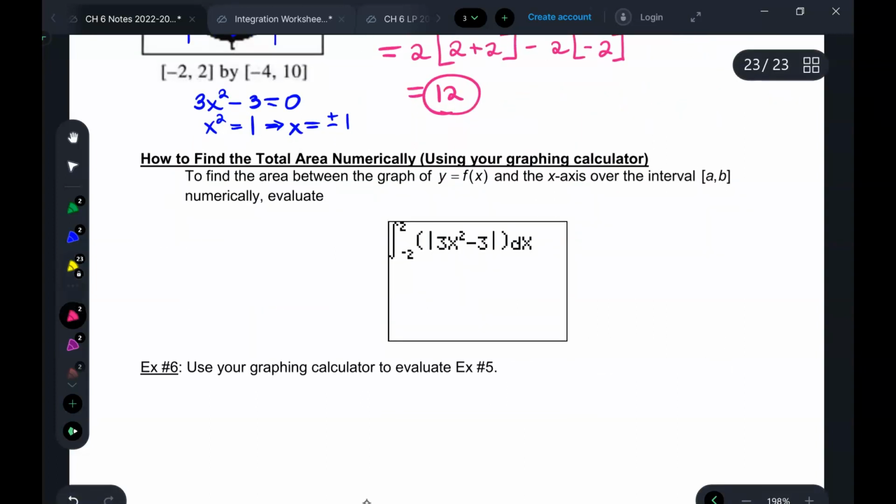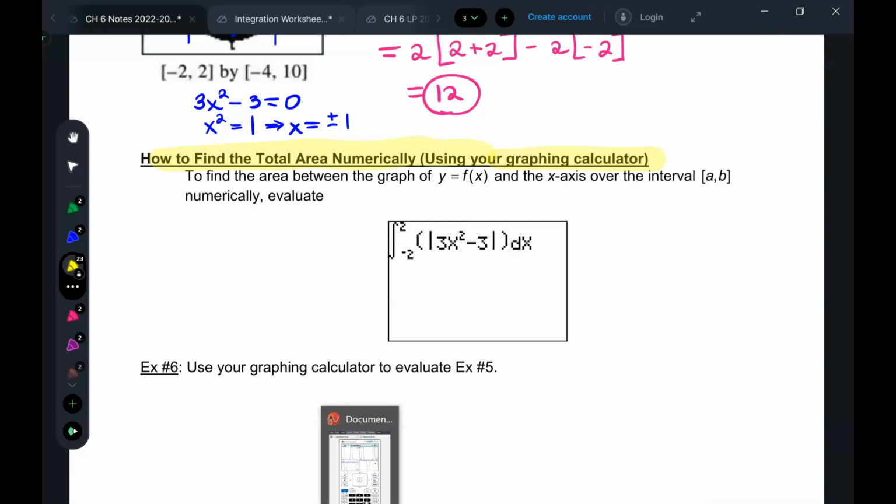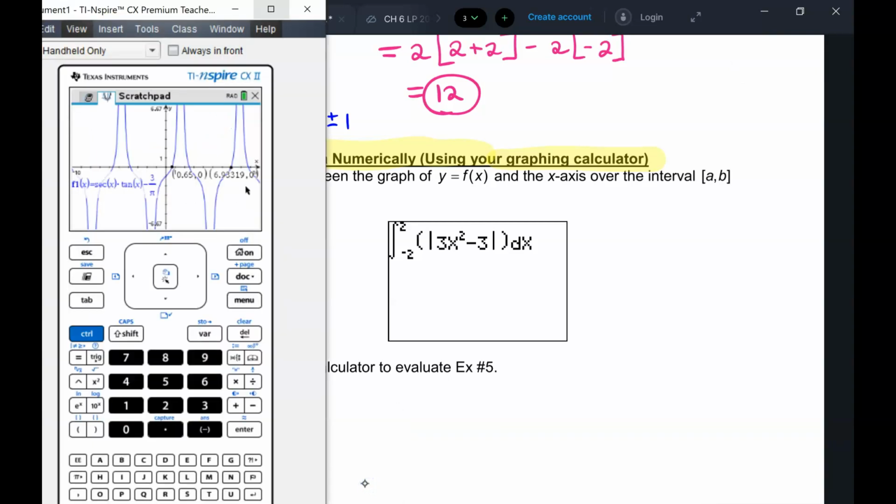Okay, here's how we could do it on your graphing calculator. I know all of that work, and you can just find the answer on your calculator. Of course, we don't always have our calculators, so how do we get to the integral sign again? There are 2 ways.